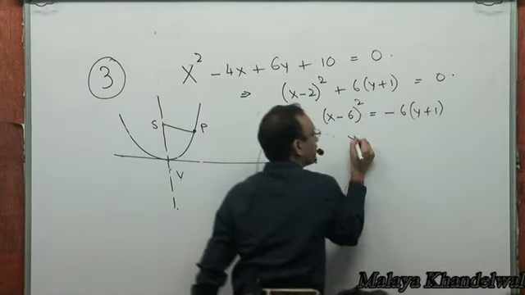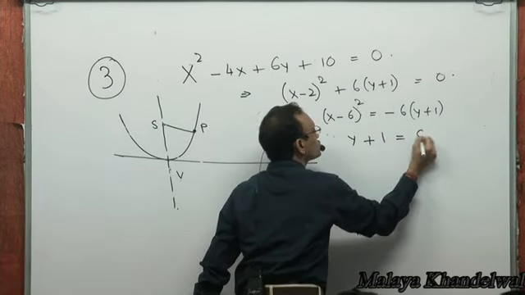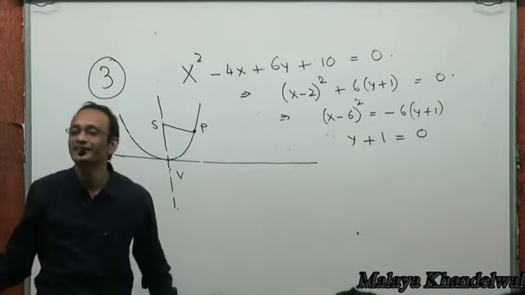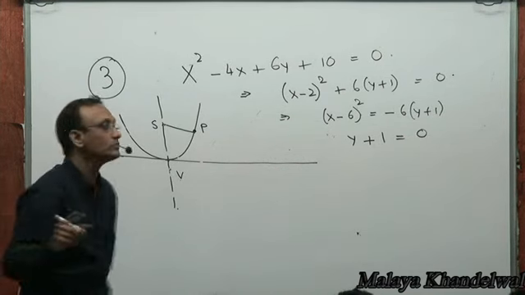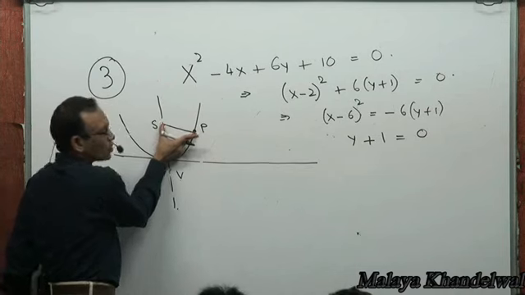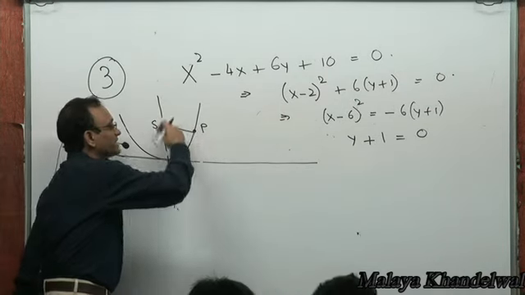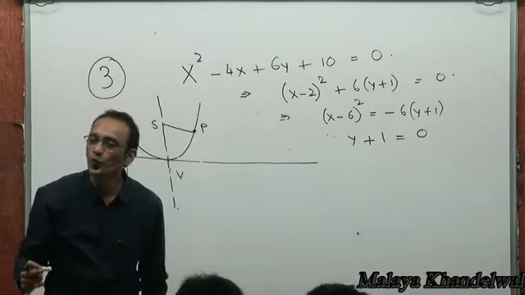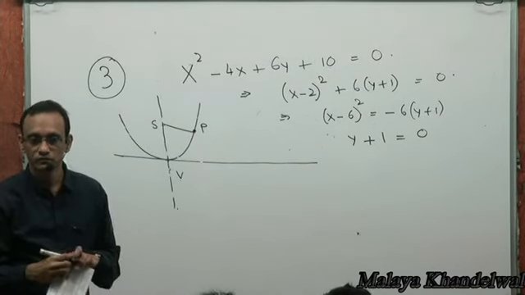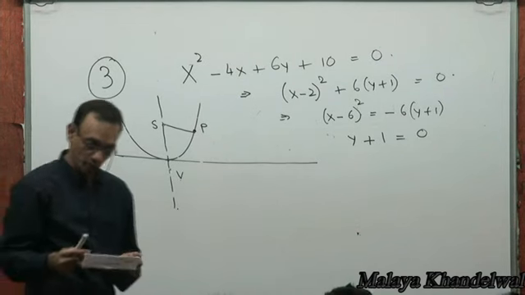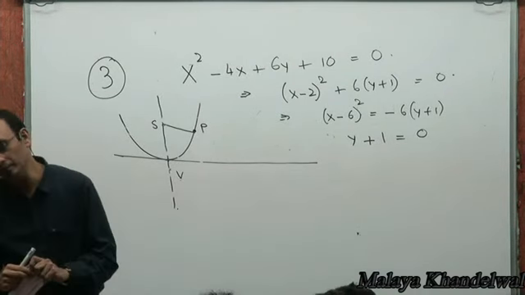So the tangent at the vertex is y plus 1 equal to 0, that is, y equal to minus 1. Yes or no? So which means if a circle is drawn with SP the diameter, it will touch the tangent at the vertex. Clear? Y equal to minus 1. So option B. Clear?